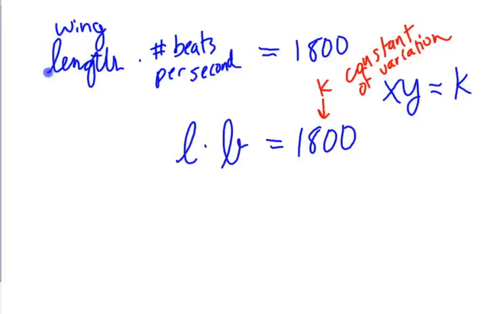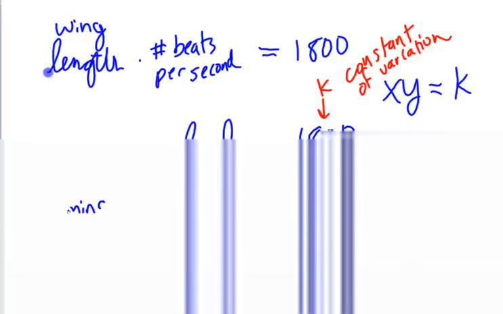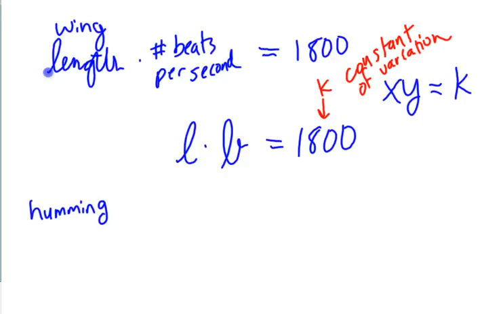So if I tell you that a certain type of hummingbird has a wing length of 48 millimeters. That's its L. That's its wing length is 48 millimeters.